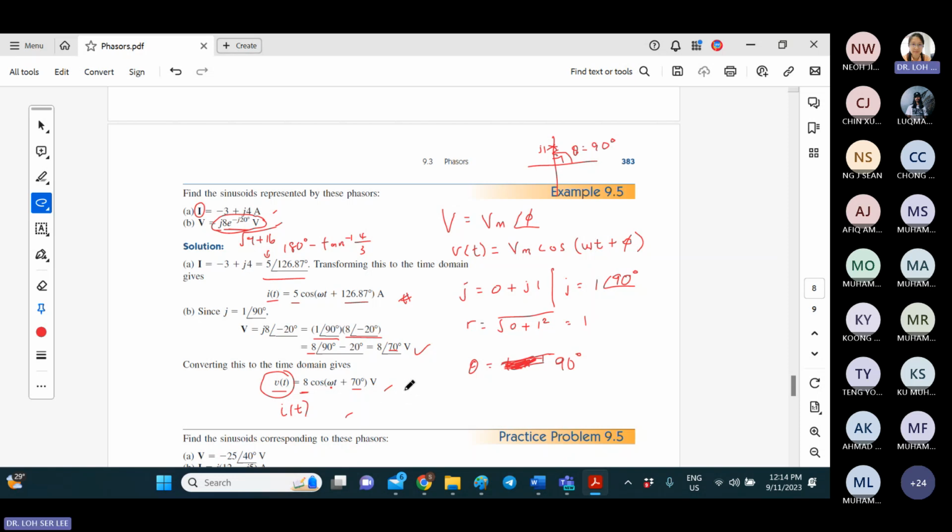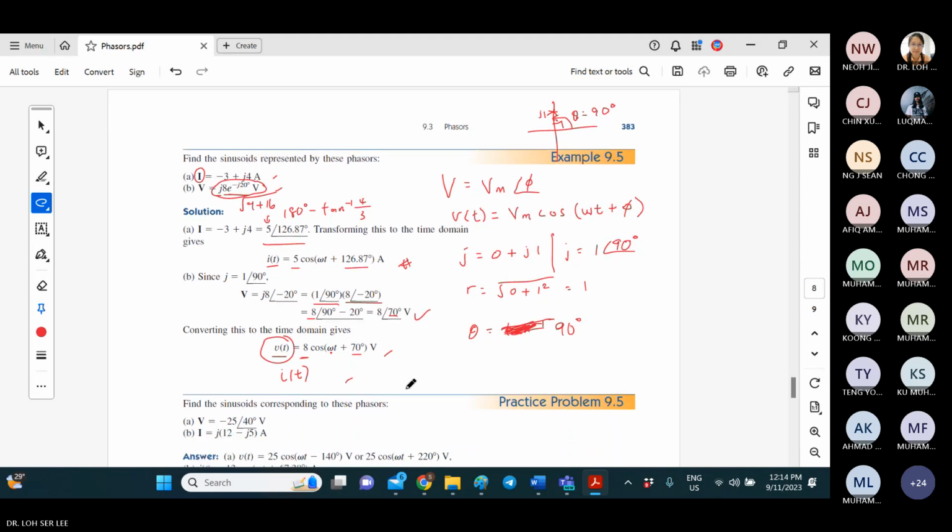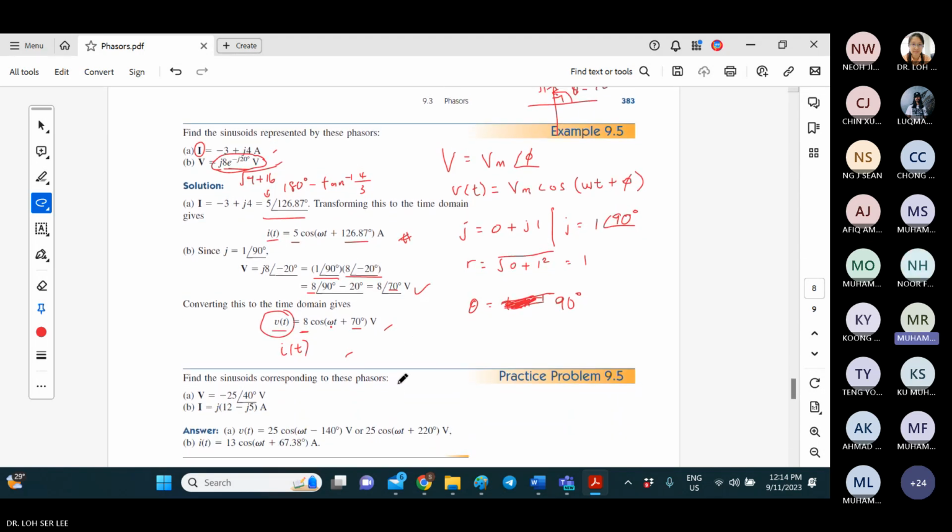Any more questions? Is the final answer in phasor form accepted? We have to look at the question. If the question gives you the one in time domain and it wants you to find for the phasors, then your answer will be in phasor form.